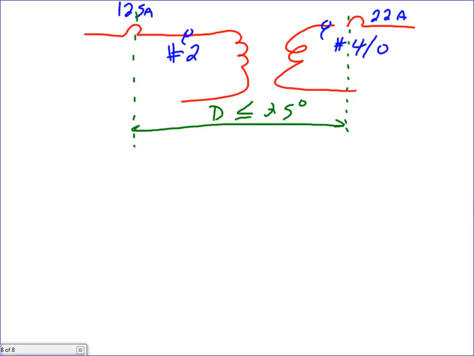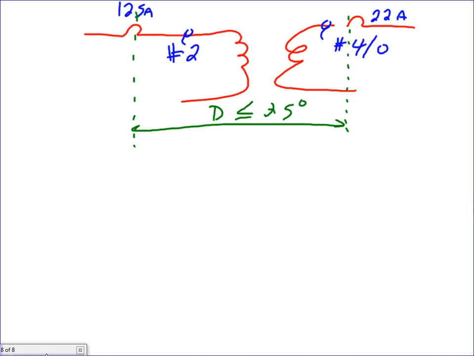Including the transformer, the distance is no more than 25 feet.